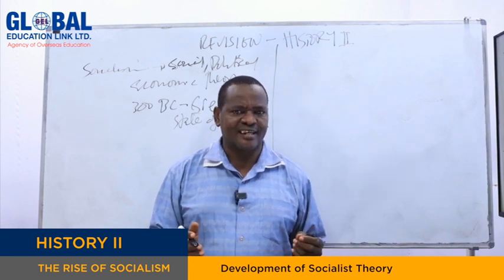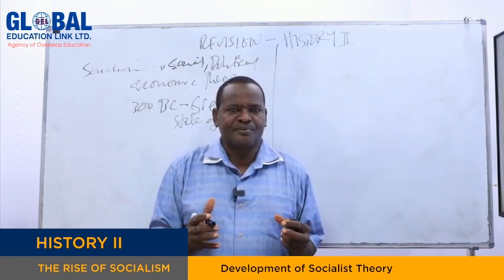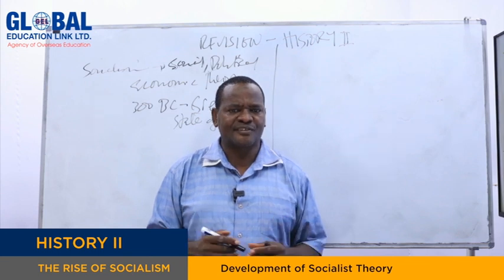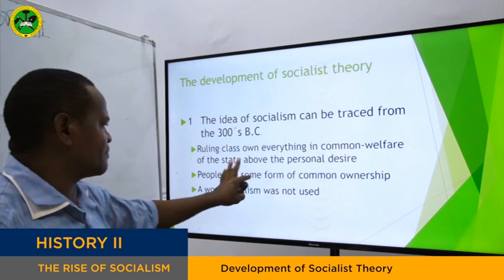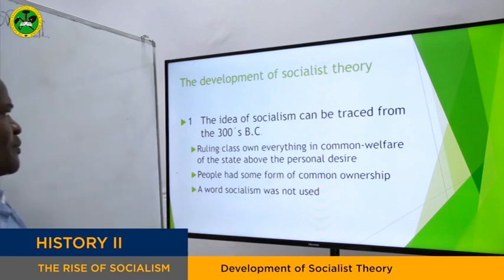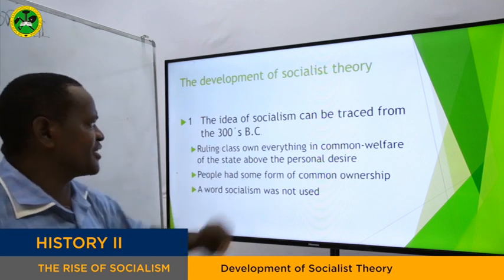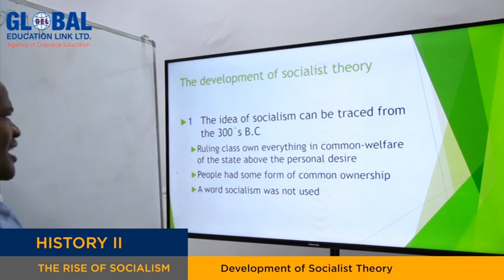As we have seen earlier, socialism means people care about the society. So people had some form of common ownership in that society, which was proposed by Plato.